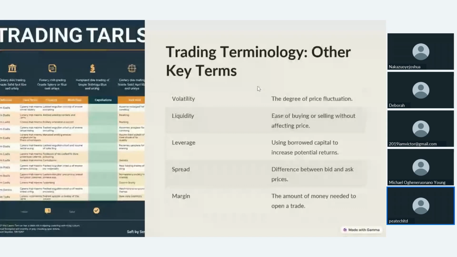Then we have liquidity, right? Liquidity refers to the ease with which you can buy or sell your futures, and it will not affect the entire price. So if you want to buy Bitcoin against the US dollar and the rate is maybe $85,000 per Bitcoin, you can buy it and it will not affect the price.